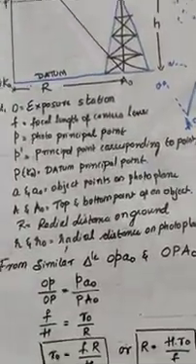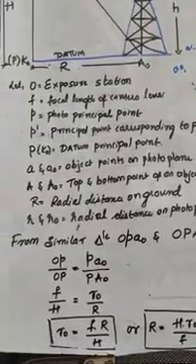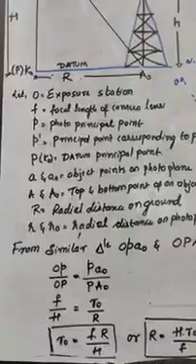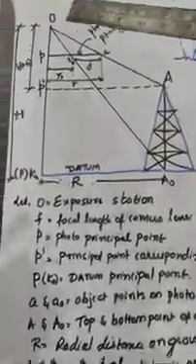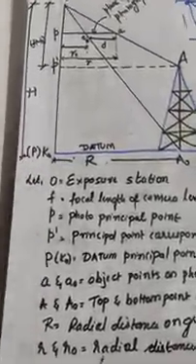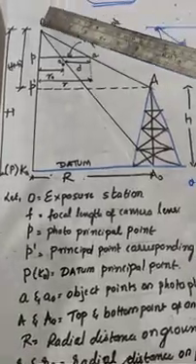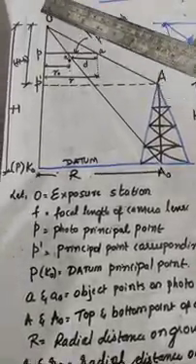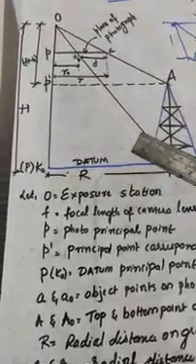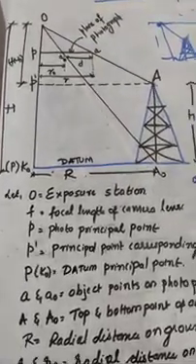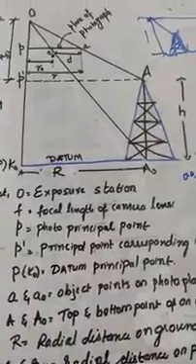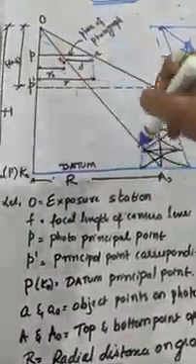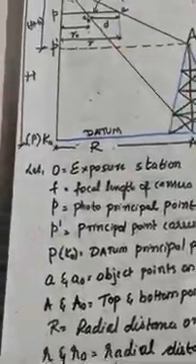Let us consider similar triangles here. First, consider the triangle O, P and A0, and then O, P and capital A0. In these two triangles, we are taking this portion and the entire portion.